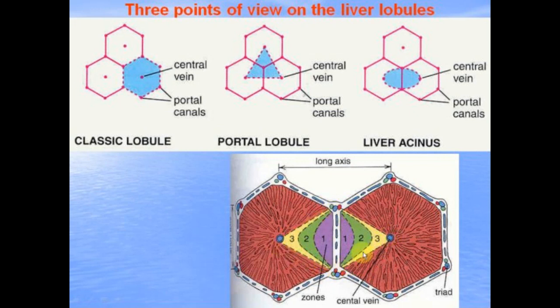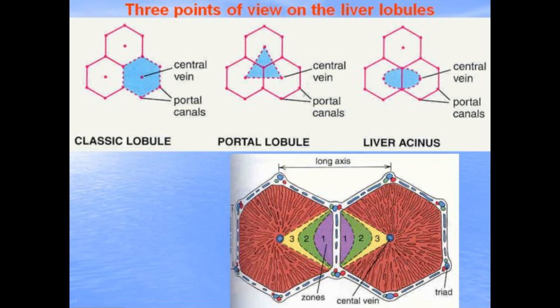The closer to the center of the acinus, the better the supply of oxygen. This region is first affected by poisons coming here from the blood of the portal vein.